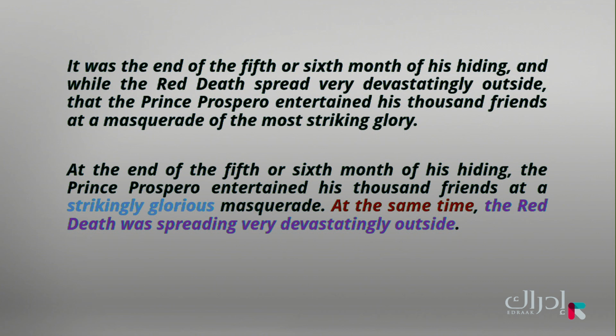See that we have two sentences. The middle part, and while the Red Death spread very devastatingly outside, has been moved to the end and made a full sentence in the past continuous, preceded by at the same time. Also notice the change in the word form of striking into strikingly, adjective to adverb, and glory to glorious, noun to adjective.